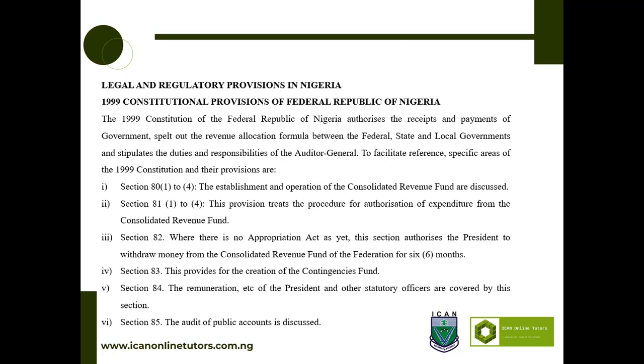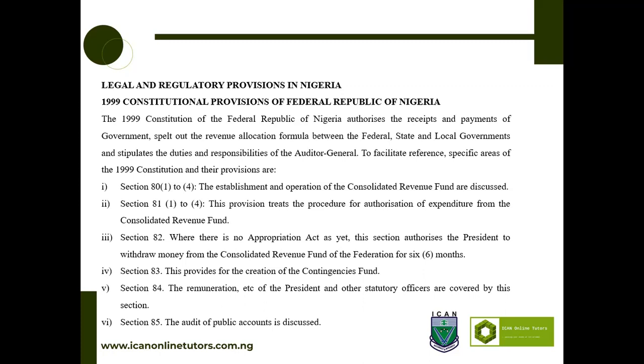The 1999 Constitution of the Federal Republic of Nigeria authorizes the receipts and payments of governments, spells out the revenue allocation formula between the federal, state, and local governments, and stipulates the duties and responsibilities of the Auditor General. What does it imply? This states that the 1999 Constitution gives a detailed analysis of all the receipts and payments of the government in terms of revenue allocation formula.